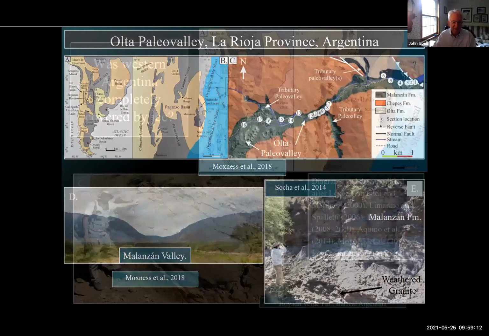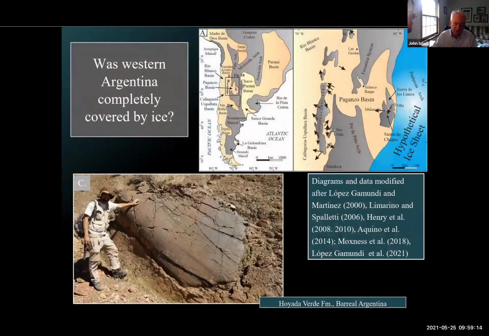And the facies there show evidence for subglacial deposition and deformation, as in this photo by Ojeda Verde, which shows a clast pavement with a bullet-shaped clast that is striated. So lots of evidence in westernmost Argentina.